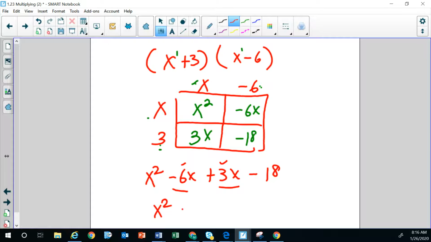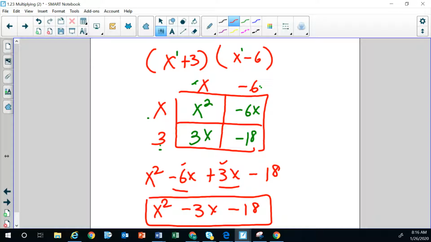So that's going to give me -3x minus 18. And that's the answer. So we multiply two binomials, x plus 3 and x minus 6, using the box method, and we get x squared minus 3x minus 18.